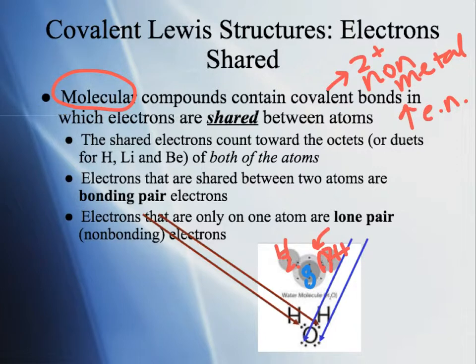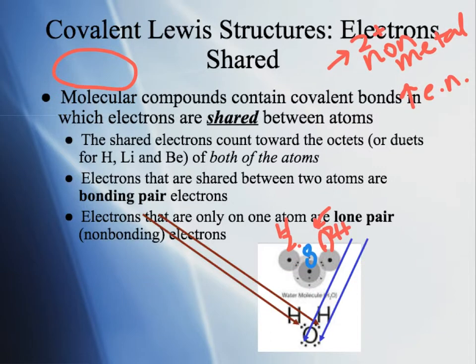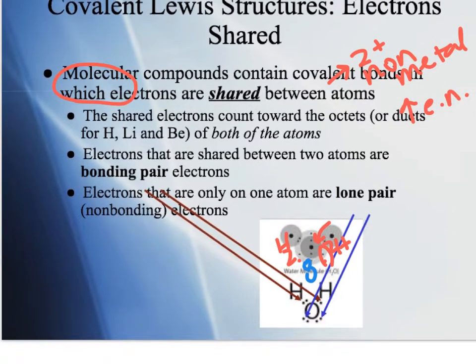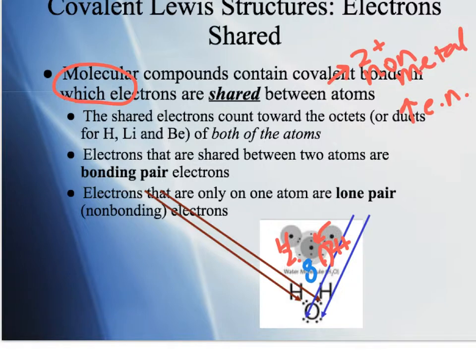Now, when we represent Lewis dot structures for molecular or covalent compounds, we're going to have what are called bonding pair electrons and lone pair electrons. What we see here is that the electrons between oxygen and hydrogen are the bonding pair electrons.